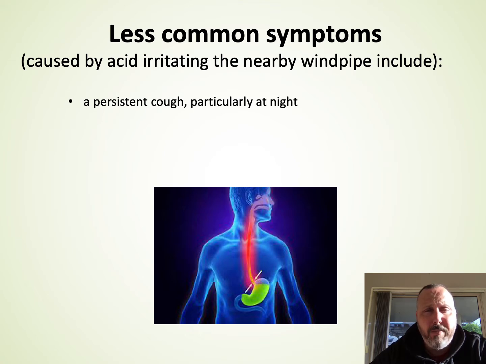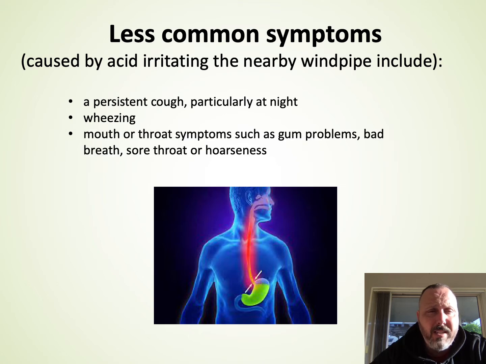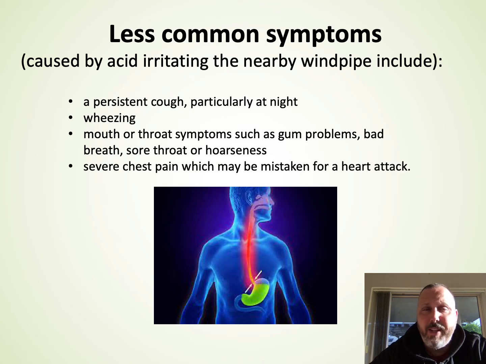A persistent cough, particularly at night, can cause wheezing, mouth or throat symptoms such as gum problems, bad breath, and sore throat or hoarseness, and severe chest pain, which may be mistaken for a heart attack. Again, these are chronic symptoms. If this happens repeatedly over a period of time, these symptoms relate directly to the inflammation of the lining of the esophagus.